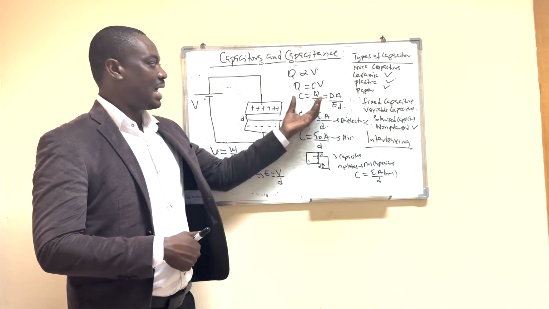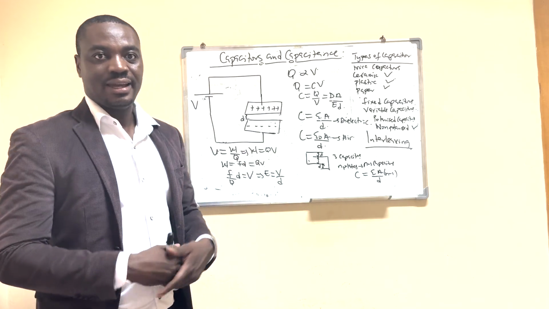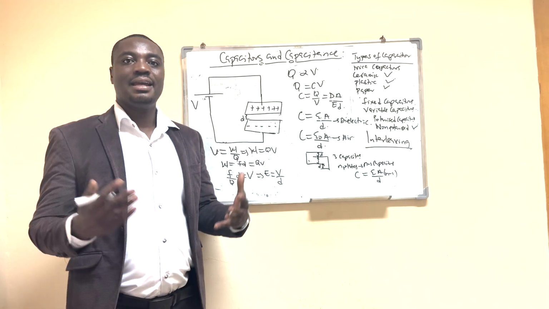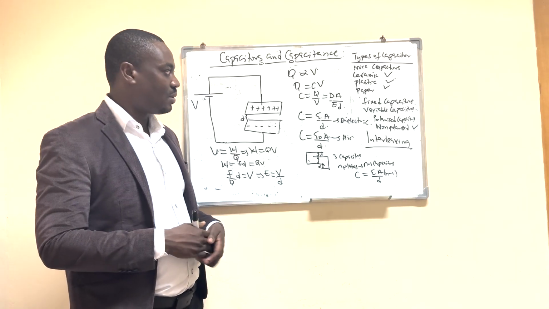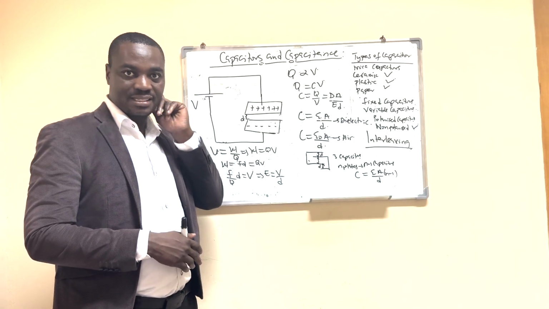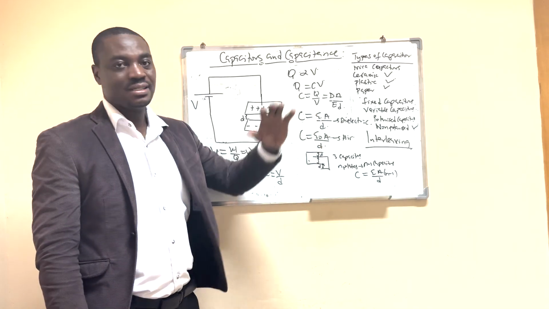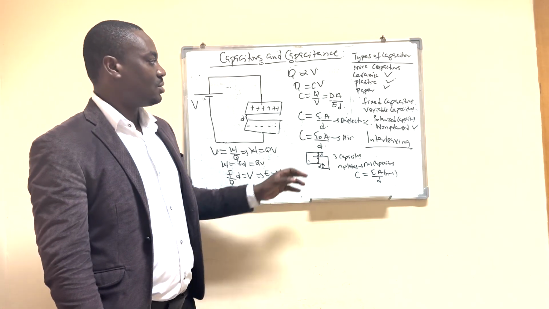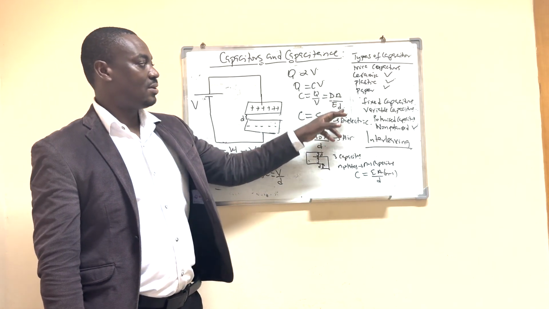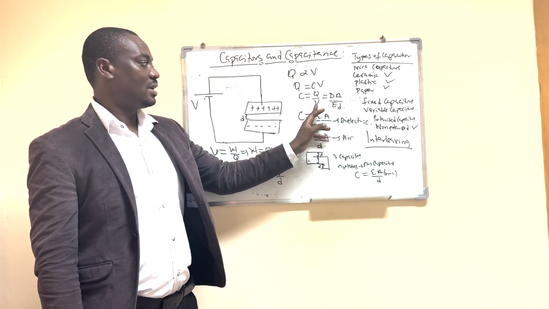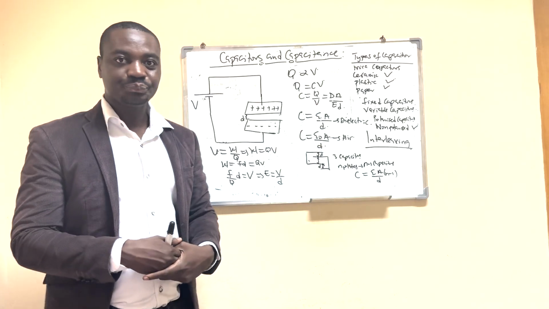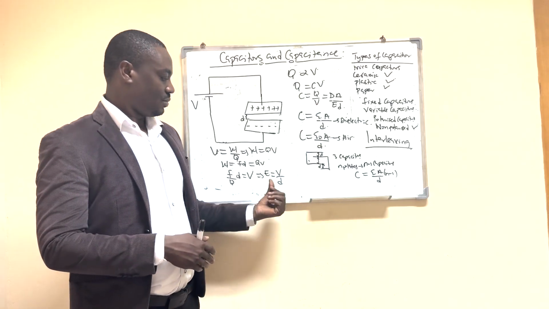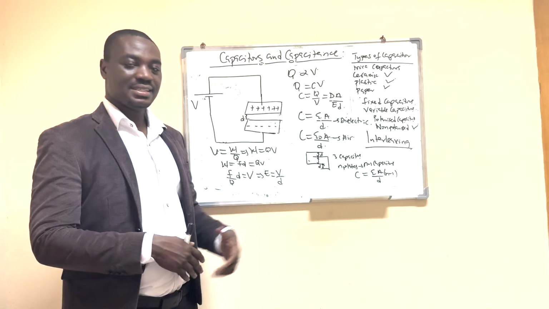Once I have charge, I know that definitely I can get the electric flux density. So we make charge the subject from the electric flux density formula, which is charge over area. So this becomes electric flux density times area, and then over the voltage here. Voltage, we know electric field strength is voltage over distance between the plates.